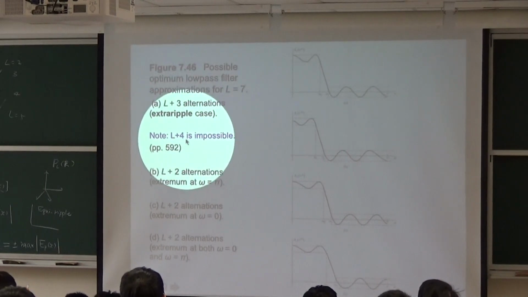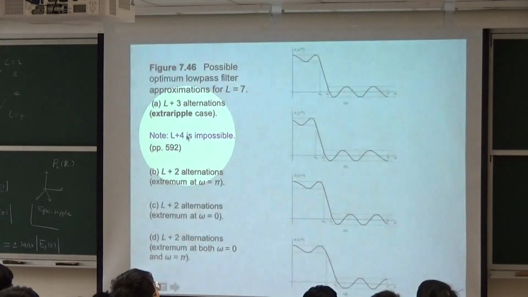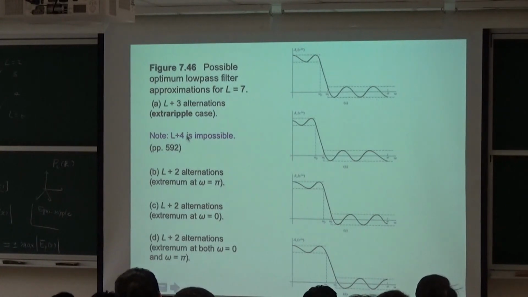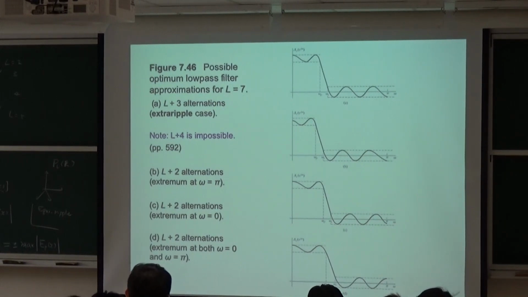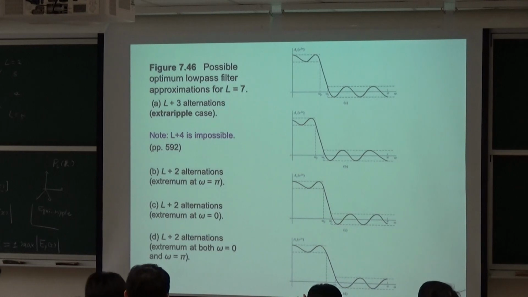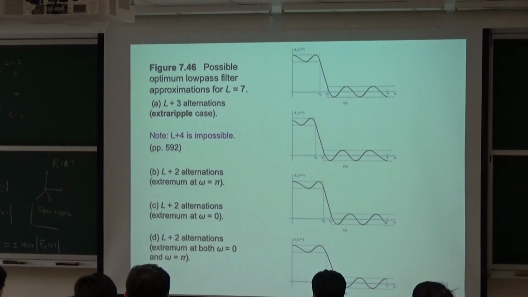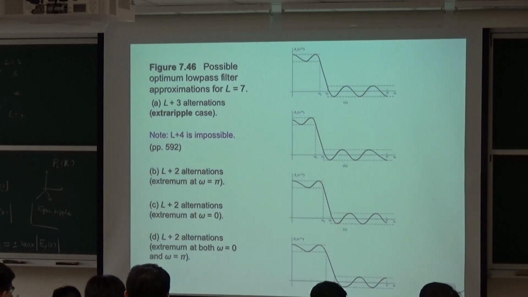It turns out that it's impossible to have L plus 4, at least for low-pass or high-pass design. There's a very fundamental reason for that. So it's going to be either L plus 2 or L plus 3.